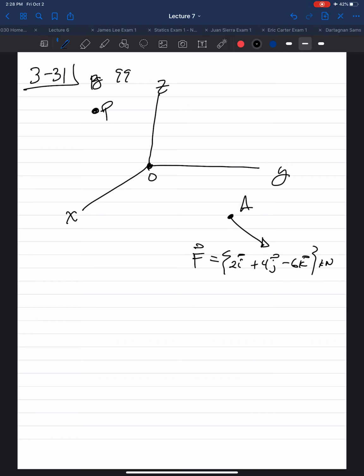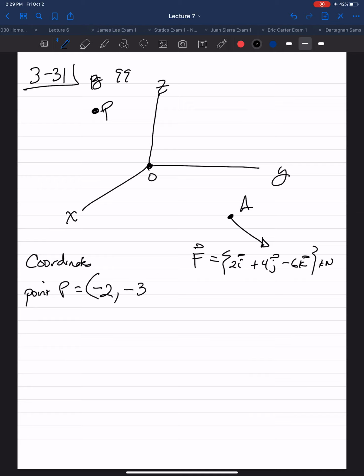So once again, we need to know the coordinates of points P and A. Coordinates of point P: from the origin, we have to go 2 in the negative x direction, so it's -2. In the y direction, it's in the negative direction as well, so that's -3.